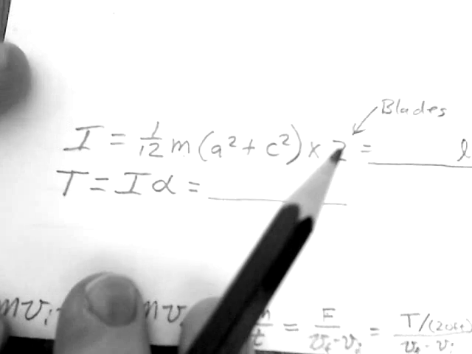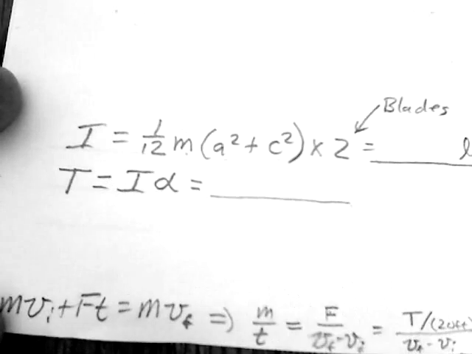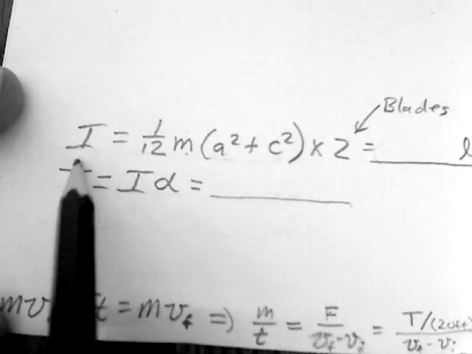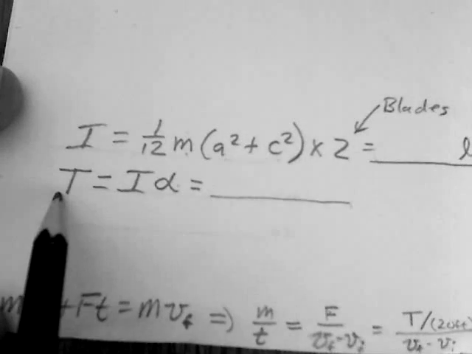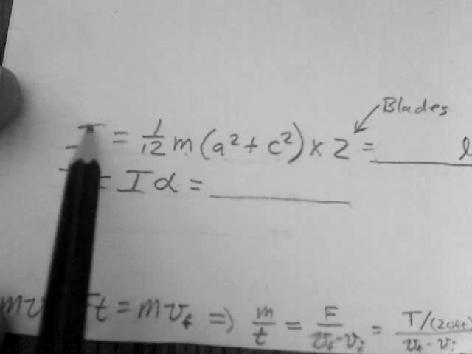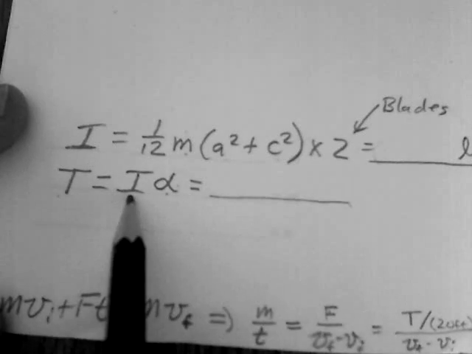In linear motion, Newton's second law says that the summation of the forces is equal to ma. In rotational motion, it's the summation of the torques is equal to I alpha. So when they ask you to find the torque, what you do is you find the moment of inertia I and multiply it by alpha. Alpha is what we had found previously in radians per second square. I is what you find on the previous row.